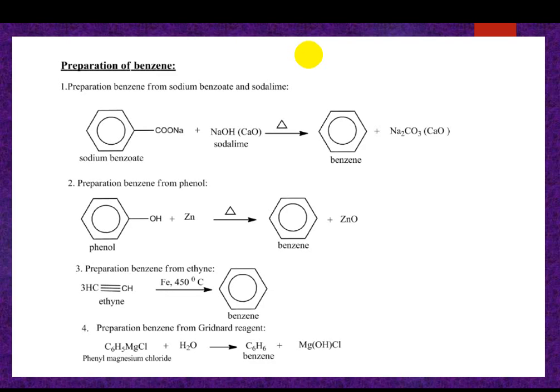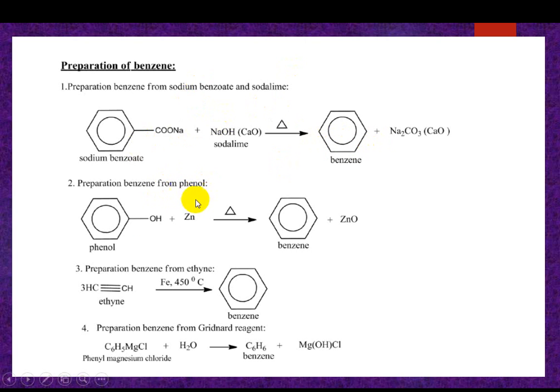Okay, preparation of benzene. Benzene can be formed in 5 ways. First, benzene can be formed from sodium benzoate and soda lime: heating sodium benzoate with soda lime forms benzene.